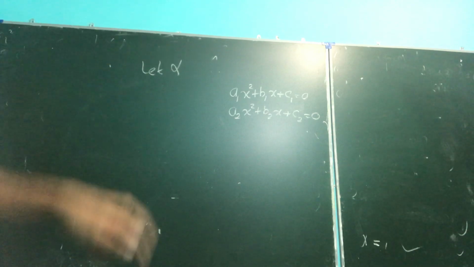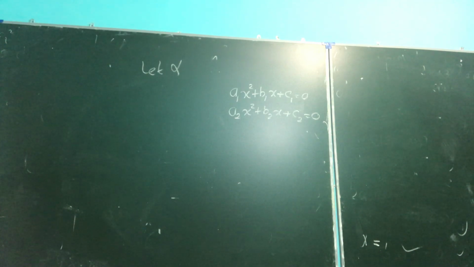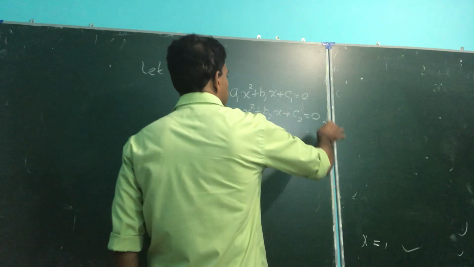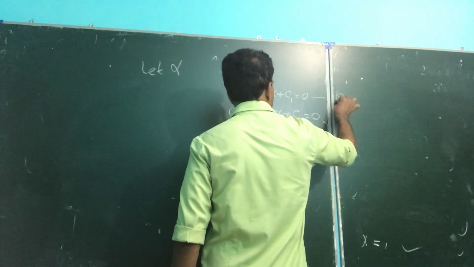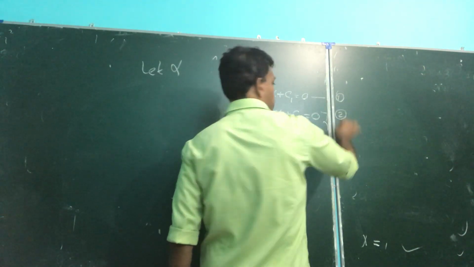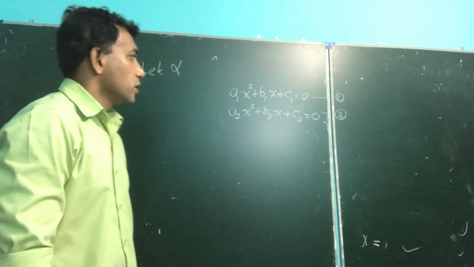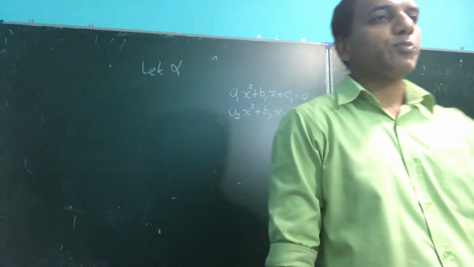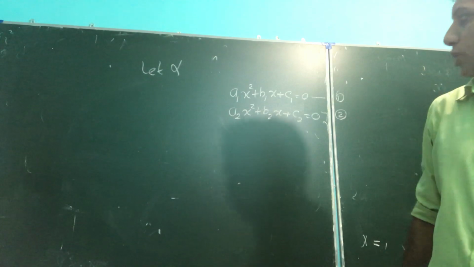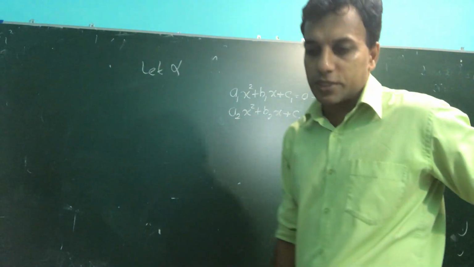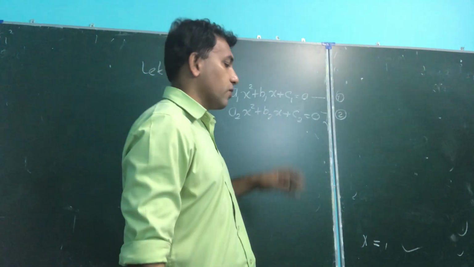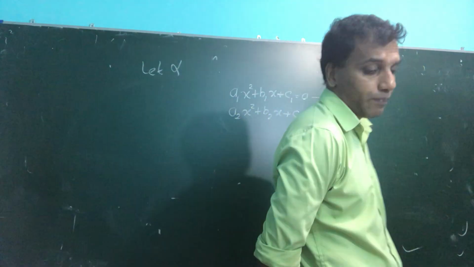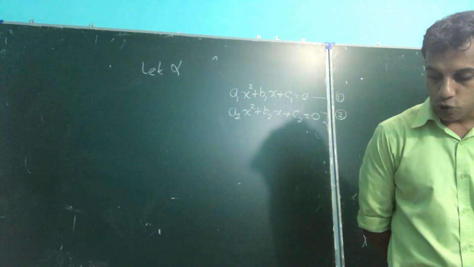I'll write the two equations one by one. This is number 1 and this is number 2: a1x square plus b1x plus c1, a2x square plus b2x plus c2. Alpha is the common root of 1 and 2, right?